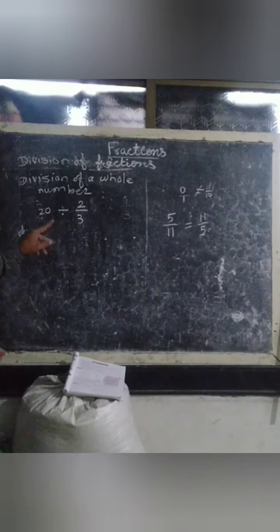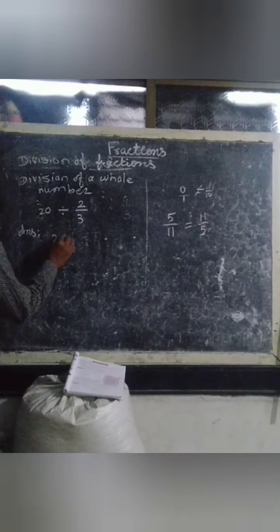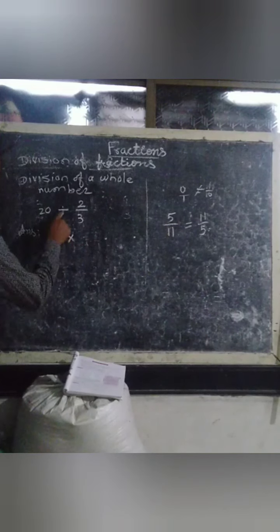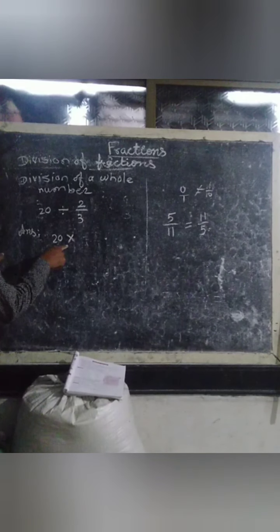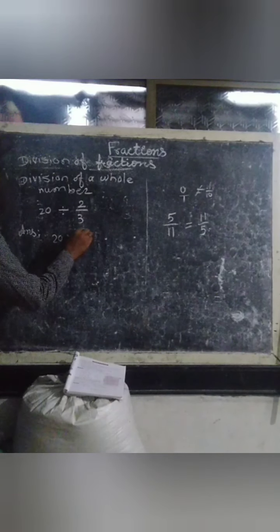The very first important thing is, this is the dividend and this is the divisor. So you have to take the reciprocal of the divisor and change the division sign to multiplication. 20 into, division changes into multiplication, the dividend as it is, 2 upon 3, reciprocal is 3 upon 2.